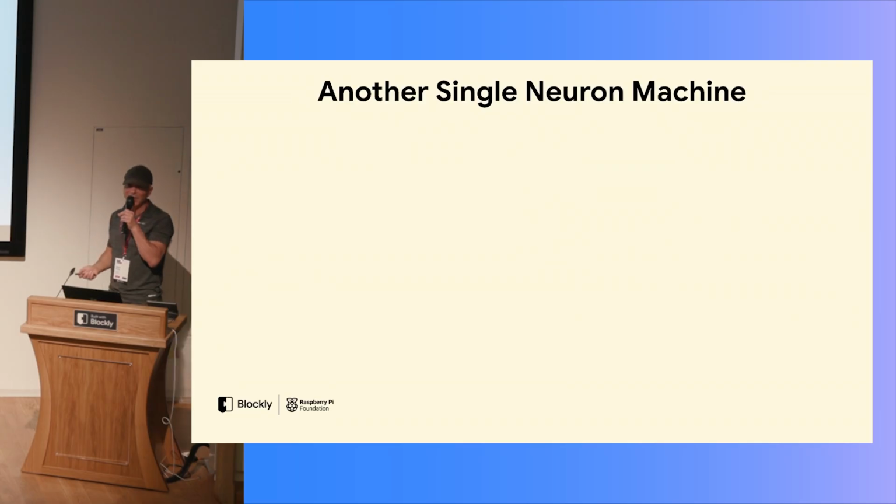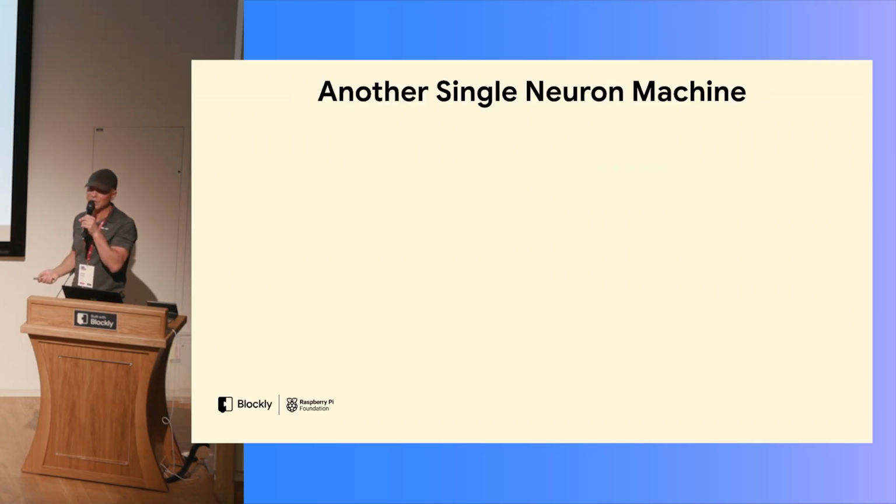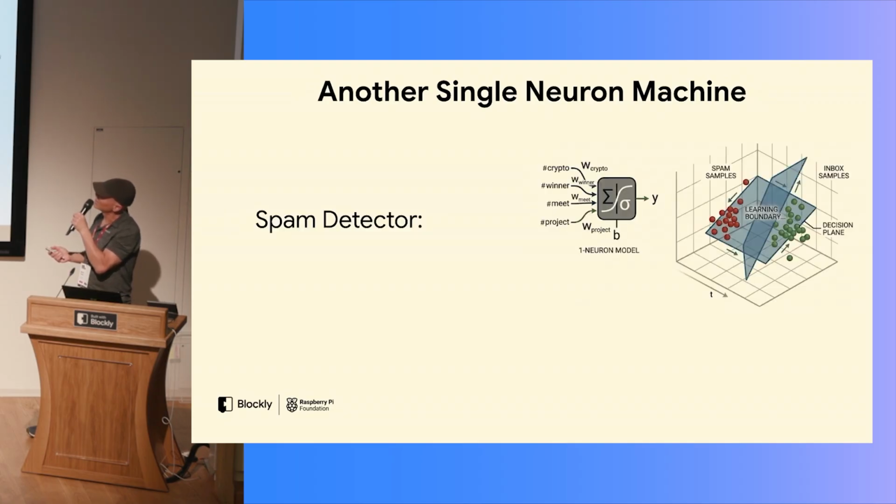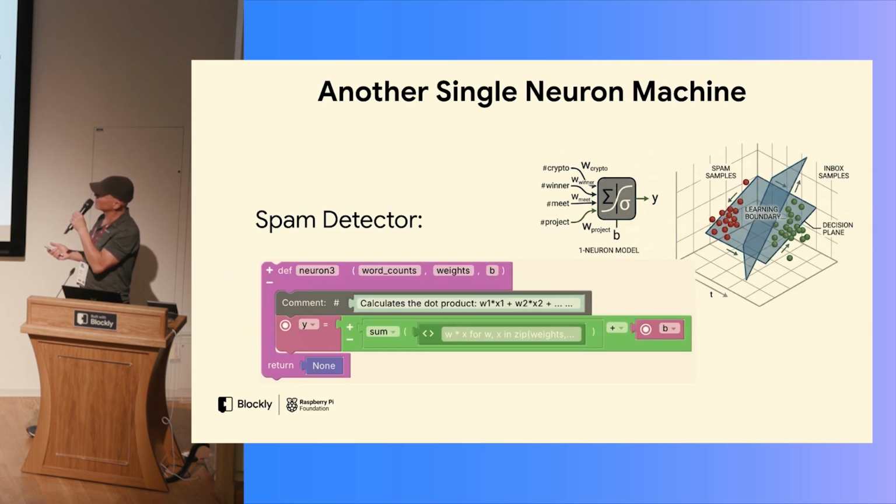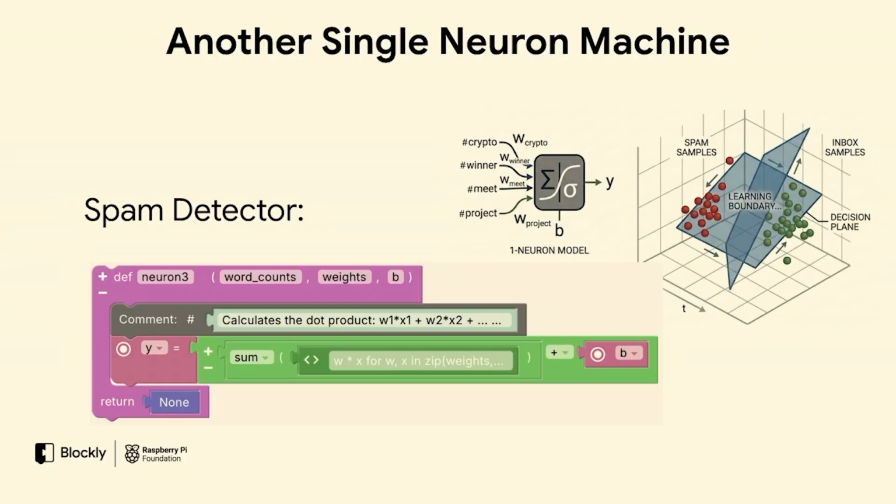Single neuron models are highly recommended for teaching data science, especially for beginners. You can make many interesting things with a single neuron model, like a spam detector model. So this spam detector, for example, accepts the word counts as the inputs and the weights as a list, and just calculates the same equation we saw before, but now with many more inputs and many more weights.